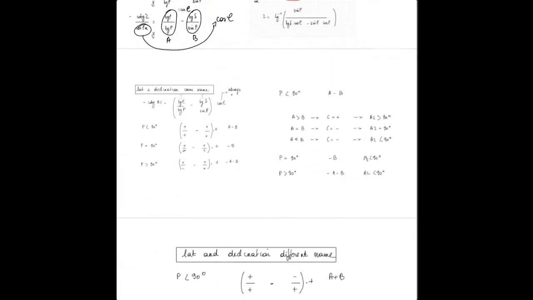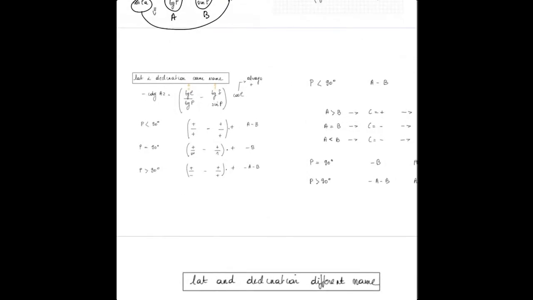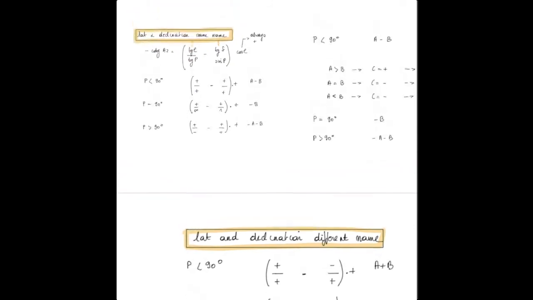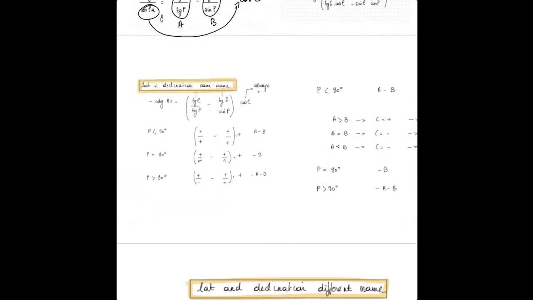Two different cases: either you have a latitude and declination which have the same name, or you have a latitude and a declination which have different names. Okay, voila. So what should we do in this formula? This is part A, this is part B. We should determine the signs of all the elements in this formula.